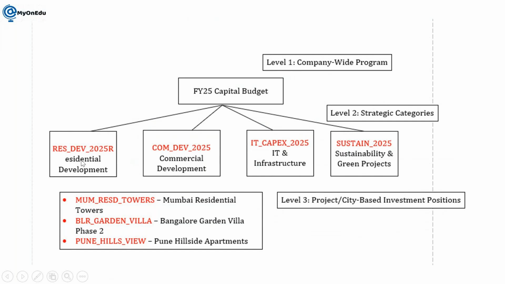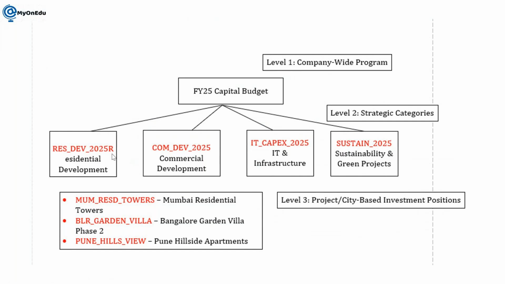Let's say first is residential development, then commercial development, then IT infrastructure, then sustainability and green projects. In the system, for individual program definition and for positions, we are defining some codes. For example, here you see RES_DV_2025R, that is 2025. It is a code.